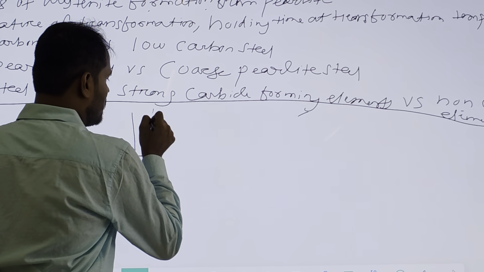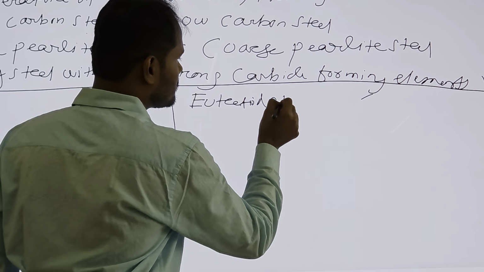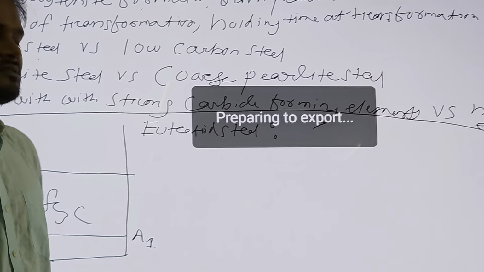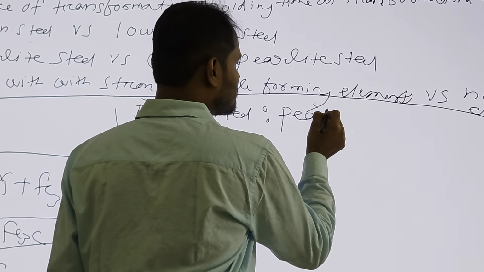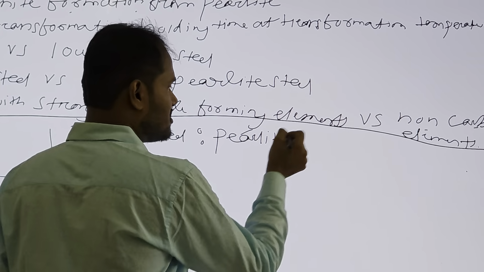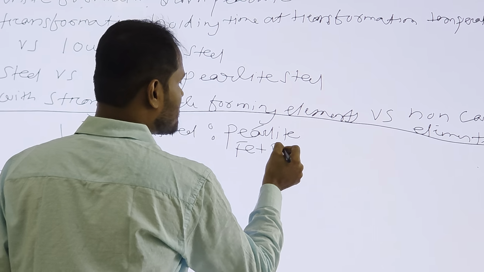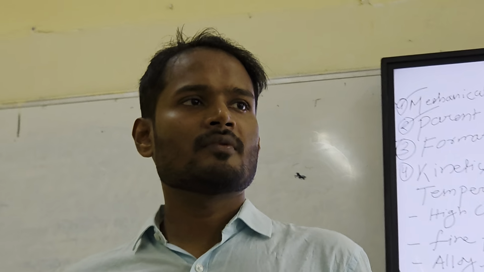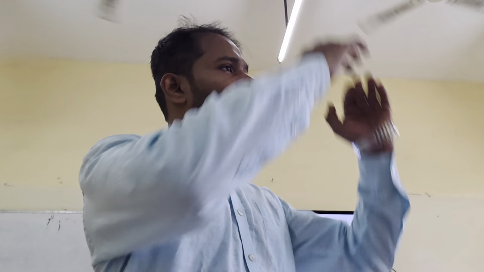In eutectoid steel, what are the room temperature phases? Pearlite only. That is 100% pearlite, that is a mixture of iron and Fe3C. This is the room temperature phase. Now you want to form austenite, so you have to heat it.